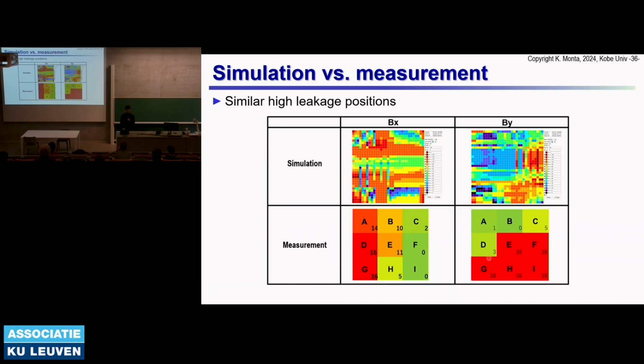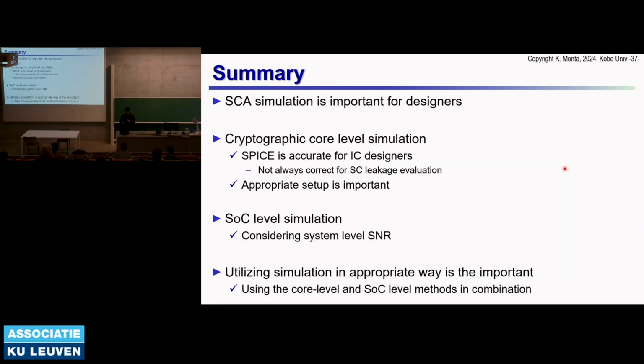As you can see, simulation and measurement are highly correlated with each other. You can see that the left part of the IC chip has high leakage, and also the center has high leakage. And in the BY case, you can see the high correlation too. This is how to do the system level simulation, and we confirmed the accuracy of the simulation.